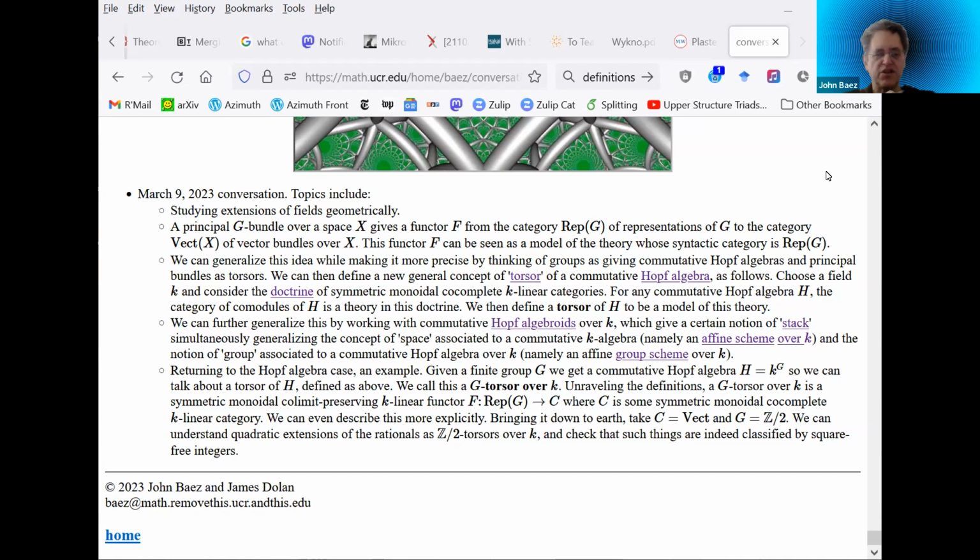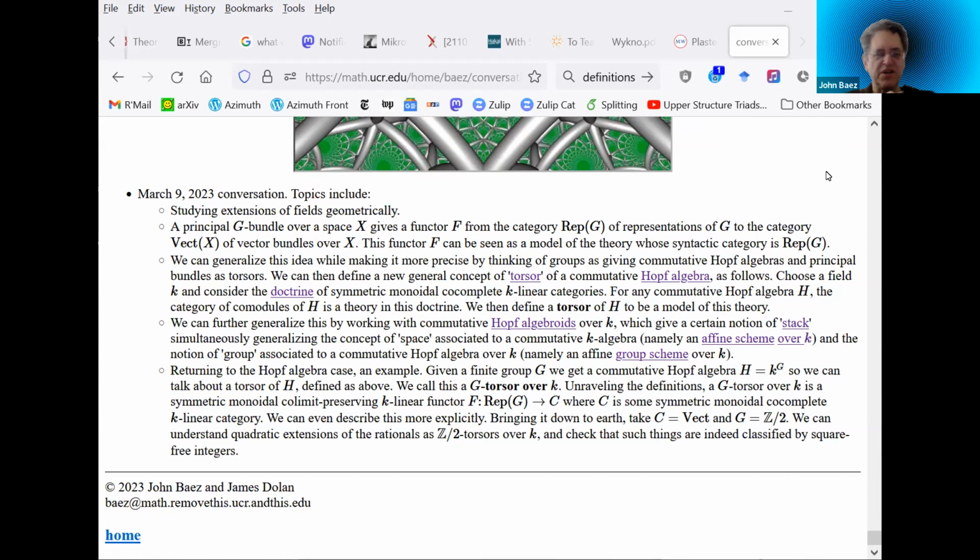So then what we'll do is define a general concept of torsor for any commutative Hopf algebra. And we're going to take a fairly high-powered approach, as I indicated. So we're going to pick a field K for our use in algebraic geometry, at least for now.